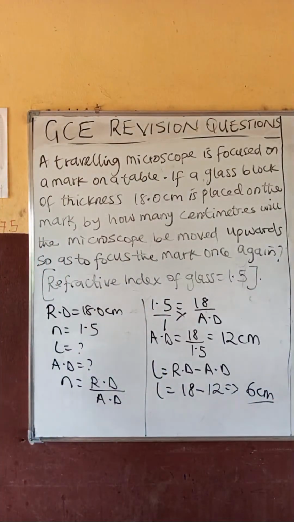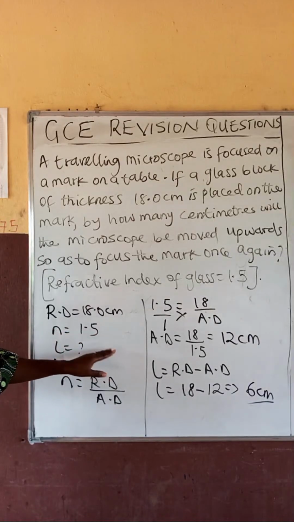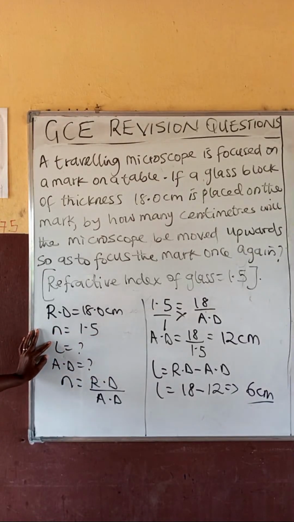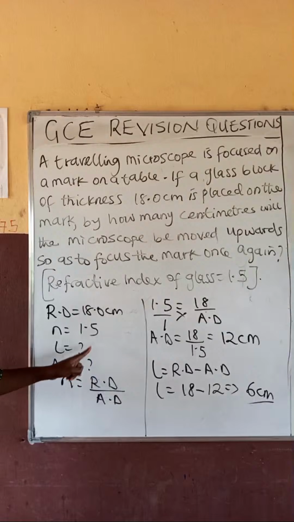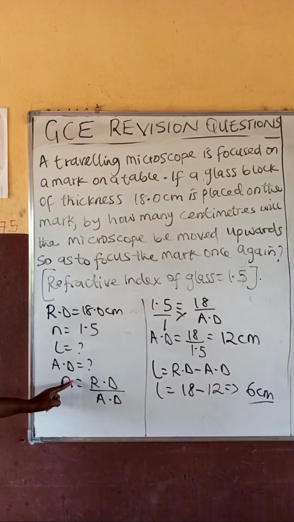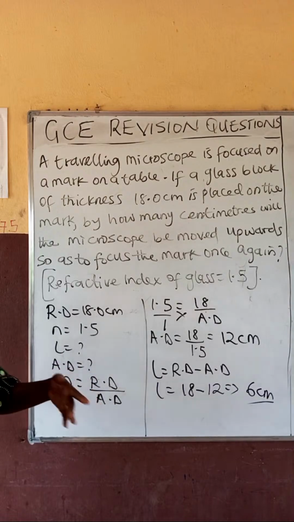Now let me do a recap. The real depth in this question, that is the thickness of the block, is equal to 18.0 centimeters. The refractive index is 1.5. We're looking for lateral or upward displacement. We don't have it. That's what we're looking for. But before we find it, we must also solve for the apparent depth. We don't even have the apparent depth.